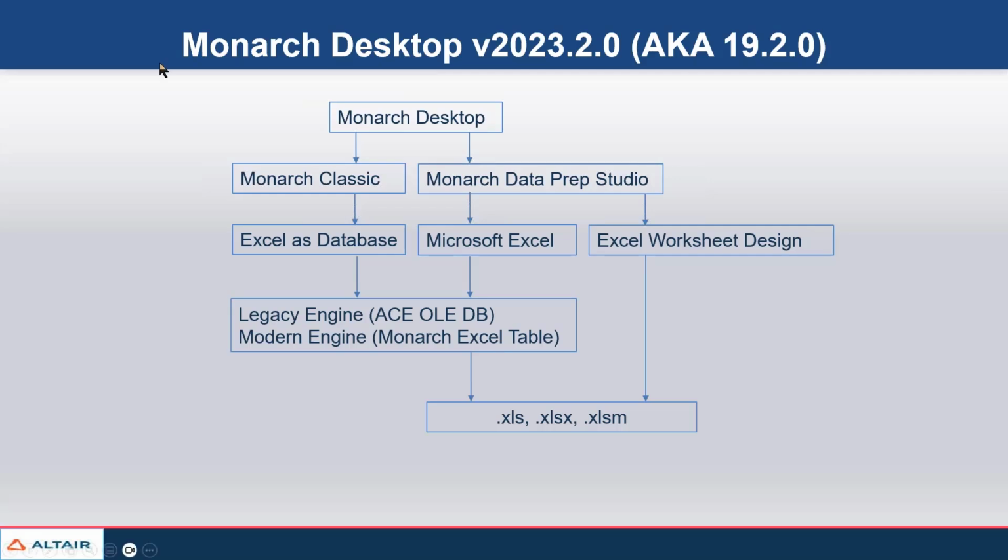Welcome, everybody. I'm just going to go through some slides to go over Monarch, primarily working with Excel files. The latest version of Monarch Desktop is version 2023.0.2. And if you are using version 2023.1, that's also the same.